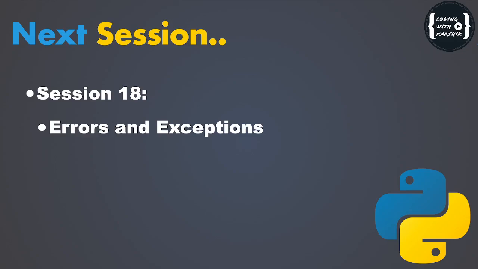You should have knowledge about how to handle exceptions, because if you don't handle them, your entire code will get stuck at the specific point. That's why we have to handle exceptions properly. So in the next session we'll see what an exception is, what an error is, and how to handle exceptions.